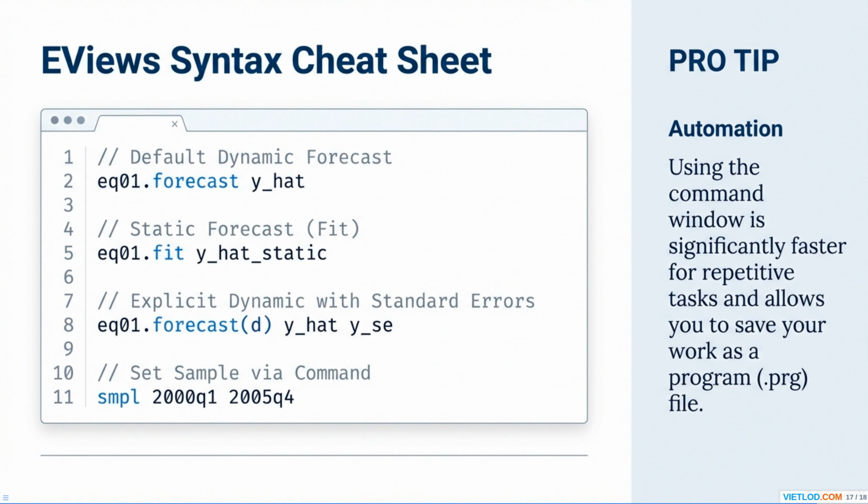A value close to 0, like the 0.0001 we see here, is excellent, indicating no systematic over or under prediction. Furthermore, the covariance proportion measures the unsystematic error, or random noise. We want this to be as close to 1 as possible. Our value of 0.9789 is very high, indicating that most of the forecast error is purely random, not due to a fundamental flaw in our model specification.